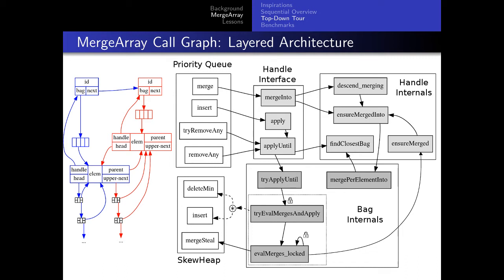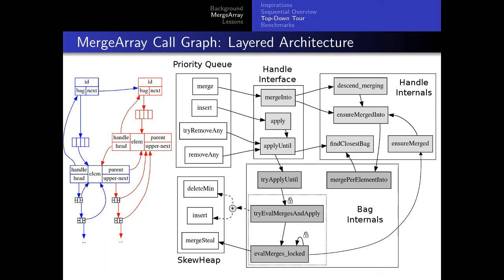So priority queue, there's a merge method, there's insert, there's remove any, and there's also try remove any, because try remove any would let you bail out if you don't want to wait for too long to get an item.